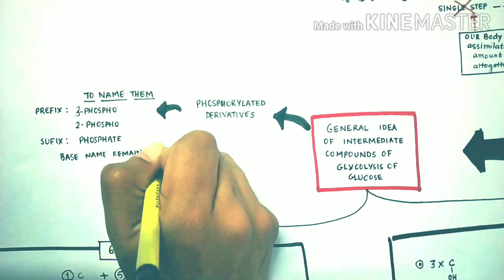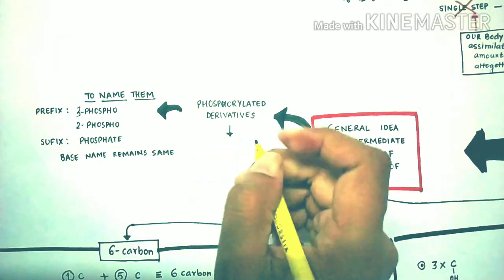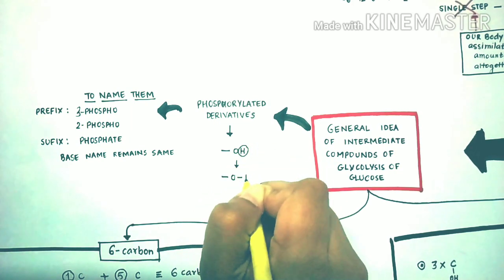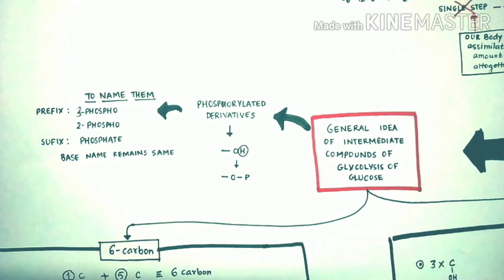Only difference which comes in structure is that OH becomes OP. So consider them as equal to identify the basic structure. This was all about the general idea of intermediates. Keep them in mind. And in the next part, we will see how to learn and write the 10 steps of glycolysis conceptually with these structures.